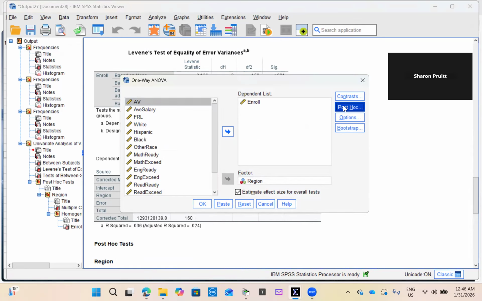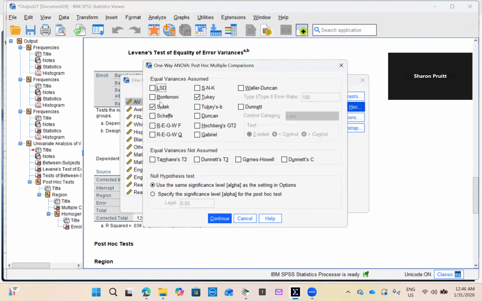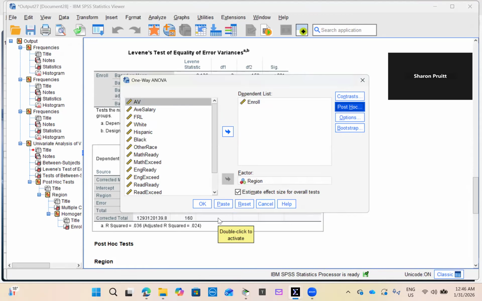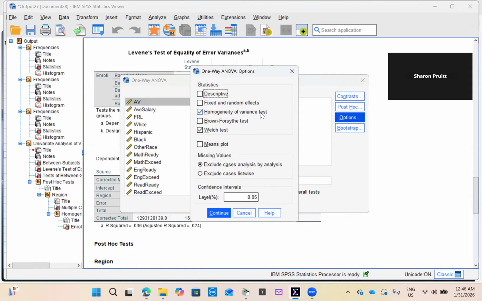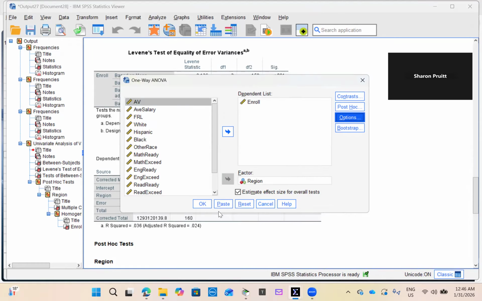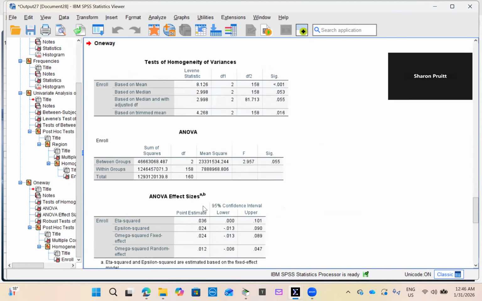I want to assess my post hoc test, the Tukey and the Sidak here, so I can click on post hoc, then continue. If I looked at options, I would get homogeneity of variance test and the Welch's test. So I'll go on and click on those again and click continue. Okay.